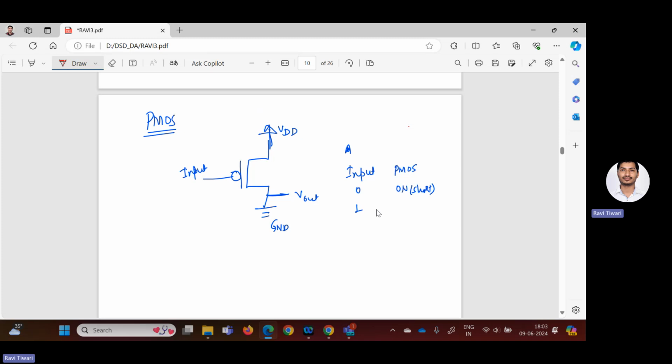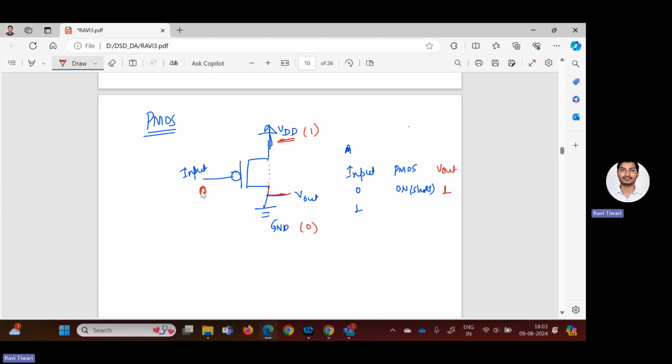So if I'm saying input is 0, PMOS is on or short circuited. If it is short circuited, that means it is connected like this. So Vout is connected to what? VDD. So the output Vout equals VDD, or I can say 1. Always remember VDD is 1, and ground is equivalent to 0.